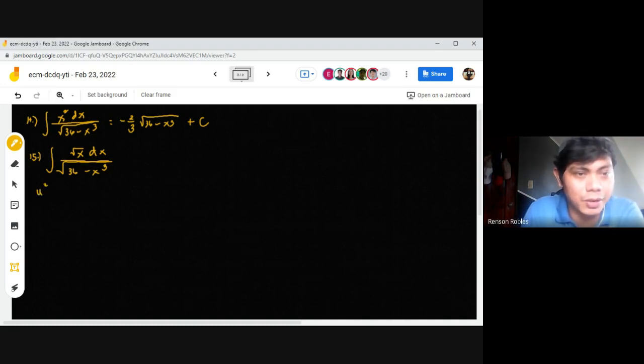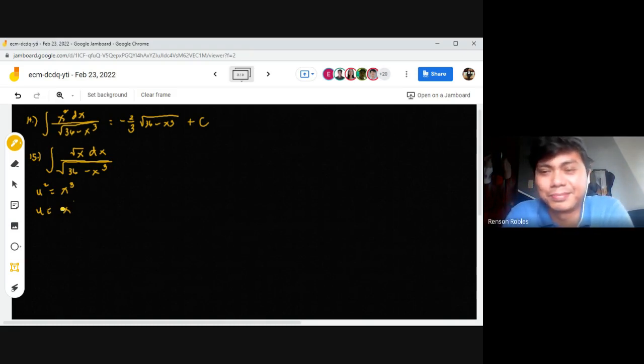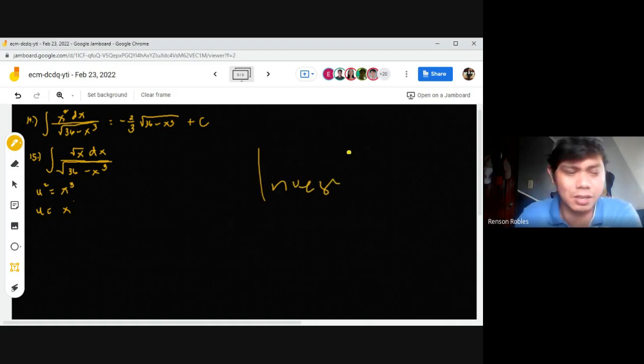When you let u squared equals x cubed, and then u is, you take the square root, x raised to, what's the square root of x cubed? Kasi baka pag binigay ko ito sa inyo, hindi nyo nasabihin, ay, hindi po yan kasama dun sa inverse trigo. But you have to verify first.